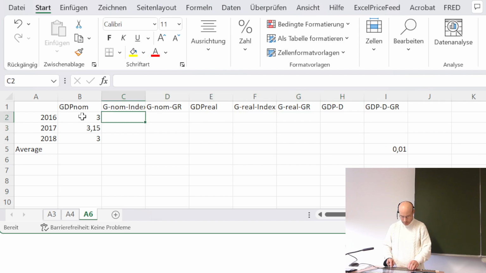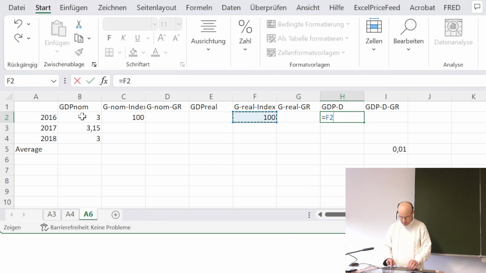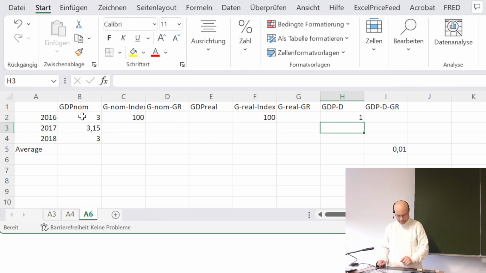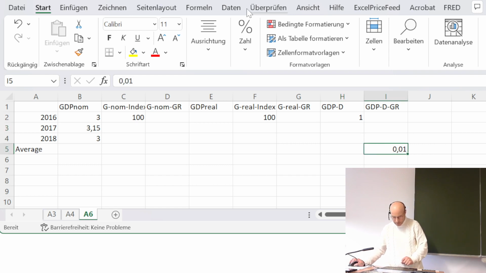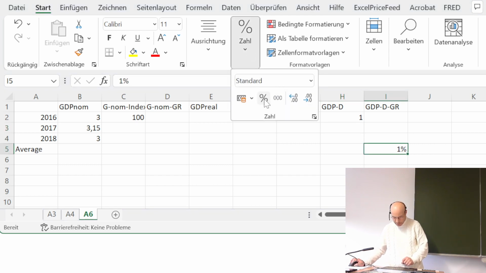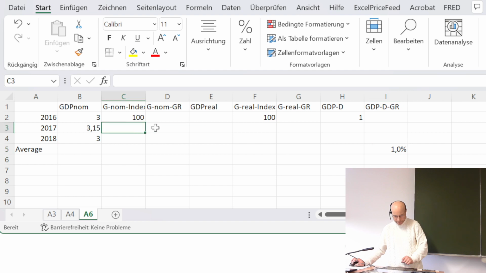So again, we can take an index at 100, and this one is nominal over real. And let's format this to percent. Okay.